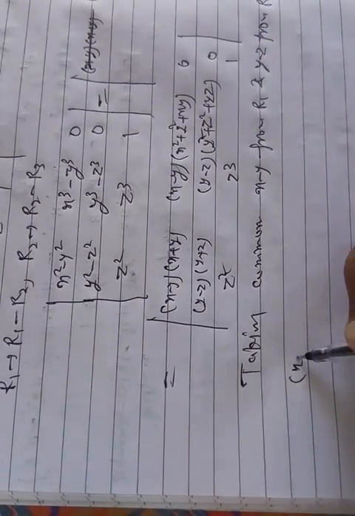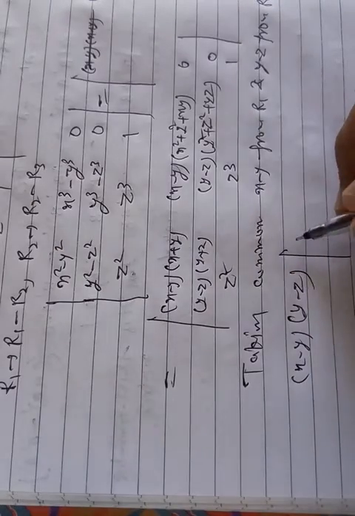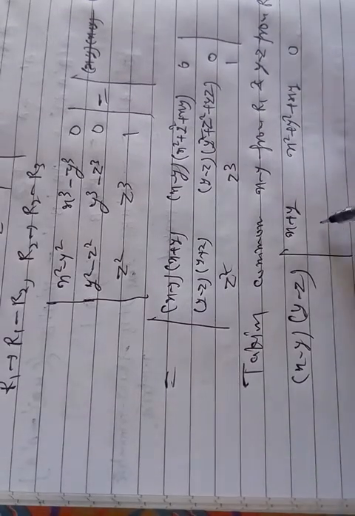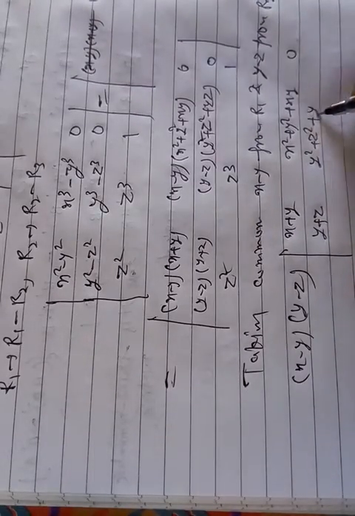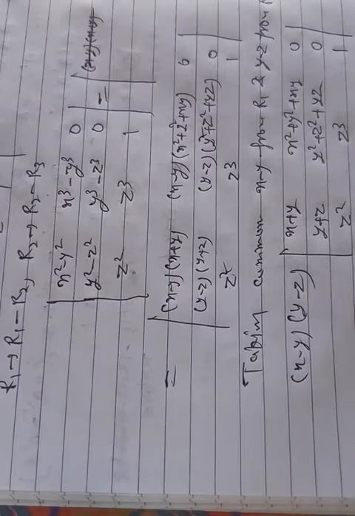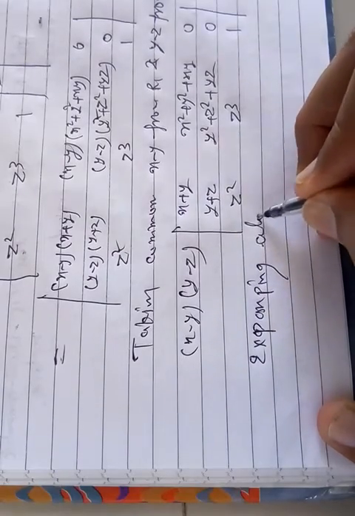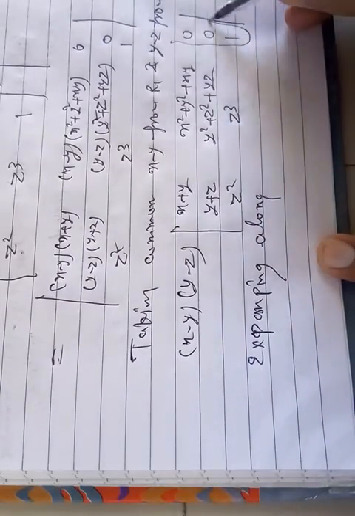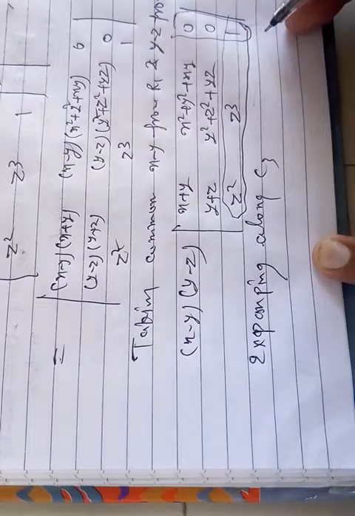Okay, x minus y from R1, y minus z from R2, this determinant: x plus y, x square plus y square plus xy, 0; y plus z, y square plus z square plus yz, 0; z square, z cube, 1. Expanding along C3, this has two zeros.